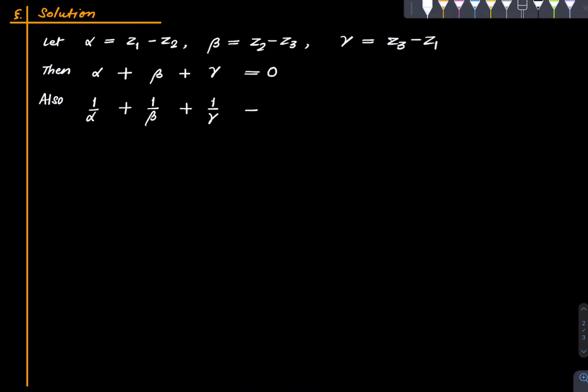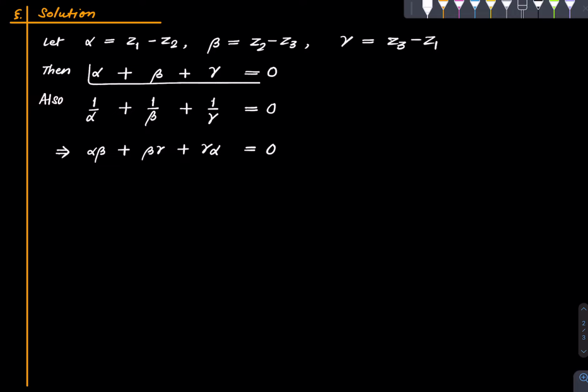So this was given in the question, the second one. The first one is just a triviality. The second one was given in the question, and this implies, if we just clear out the denominators, we get alpha beta plus beta gamma plus gamma alpha equals 0.